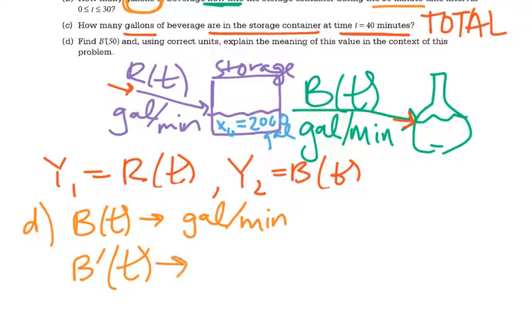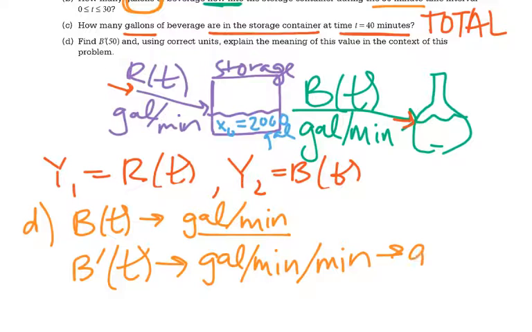That means that you're taking this y value that's in gallons per minute and dividing by the run, or dividing by the x, which is measured in minutes. So we're dividing by minutes again. So this is actually in gallons per minute squared, right? Gallons per minute per minute.